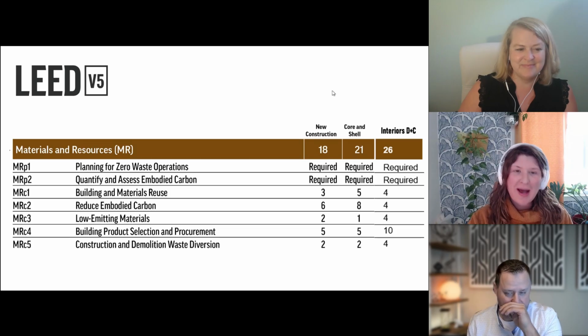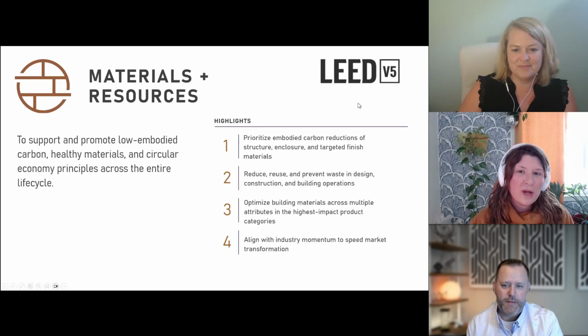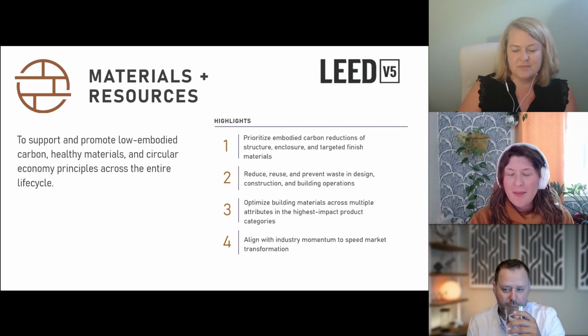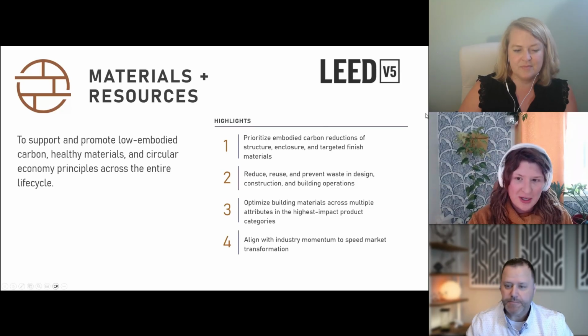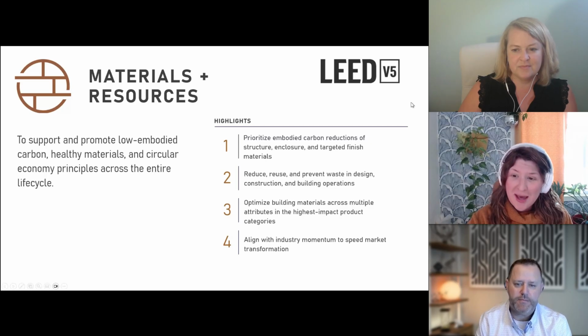So to walk it back a little bit for the materials and resources credit category, really driving this multi-attribute framework that touches on low embodied carbon materials, but also extends to healthy materials and circularity, thinking about the different aspects of a building. So, where are our heavy hitting attributes that we can focus on, such as structure, enclosure, and hardscape?